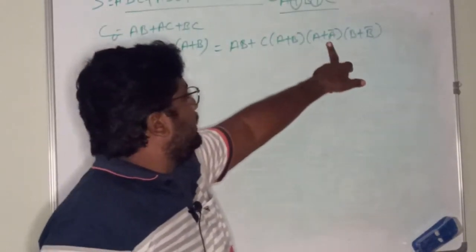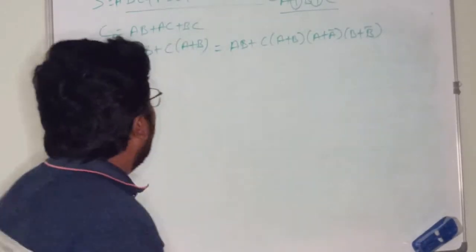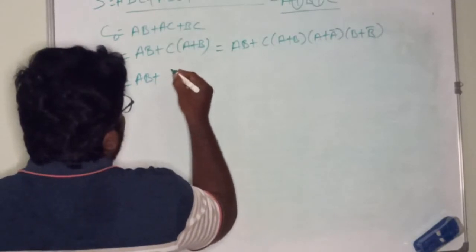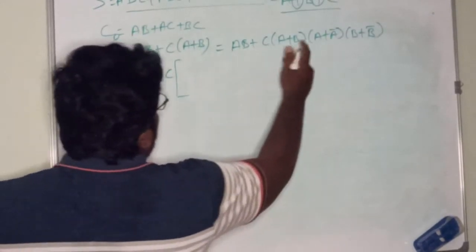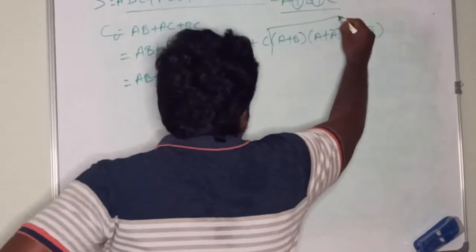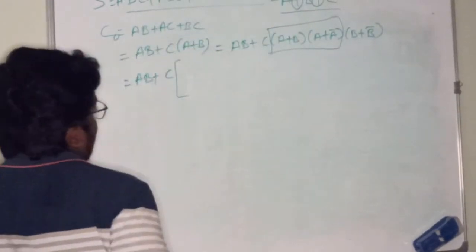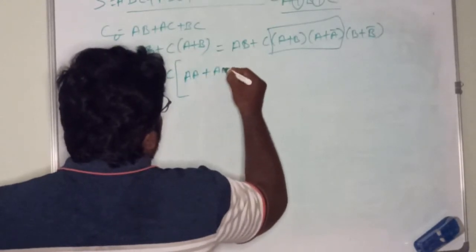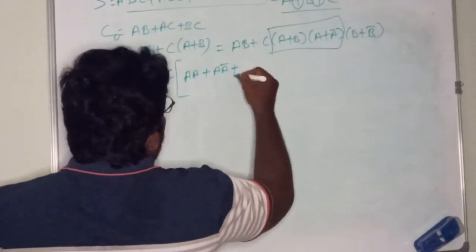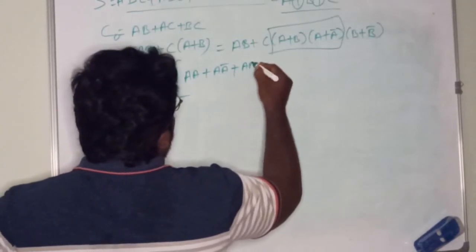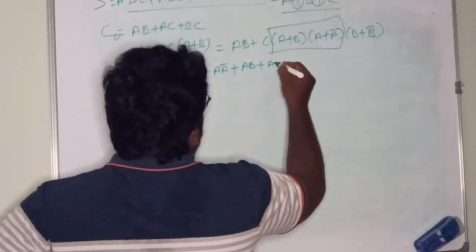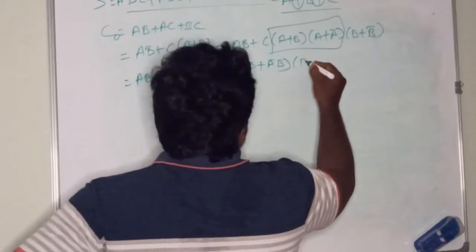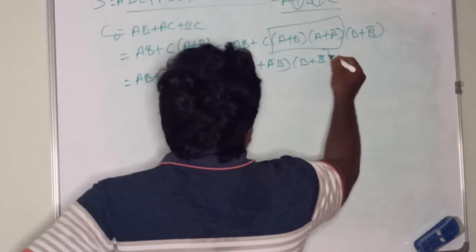So I am writing it like this, and now this is equal to AB plus C into, now I am multiplying these two factors, right? So A into A plus A into A complement plus AB plus A complement B into (B plus B complement).